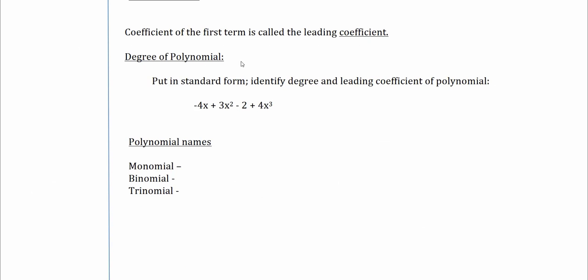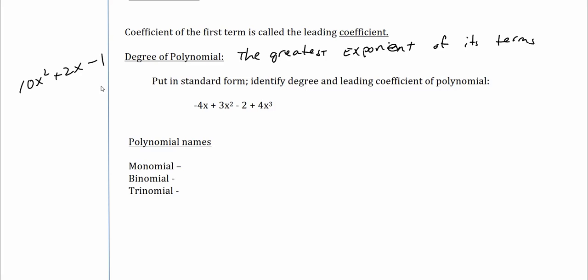The degree of a polynomial is just the greatest exponent of its term. So in the last example, 10x squared plus 2x minus 1, this is the leading term, so the degree would be 2.